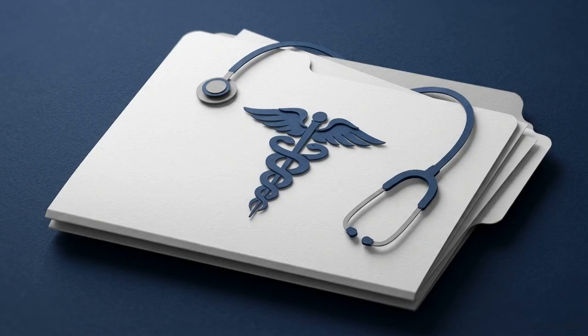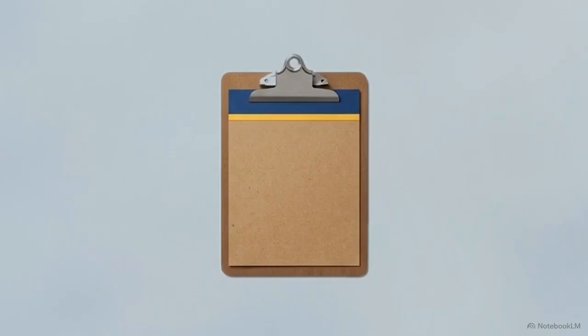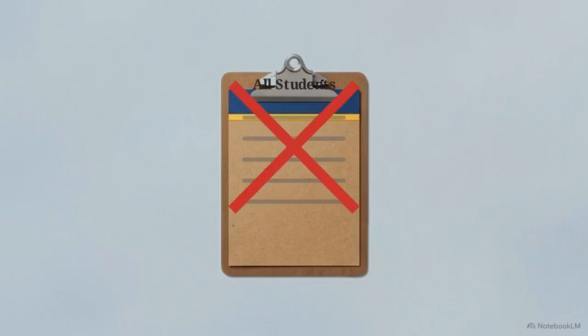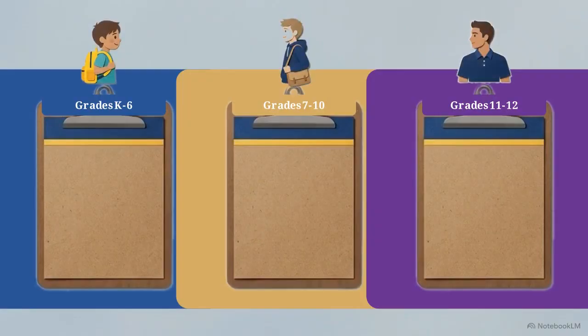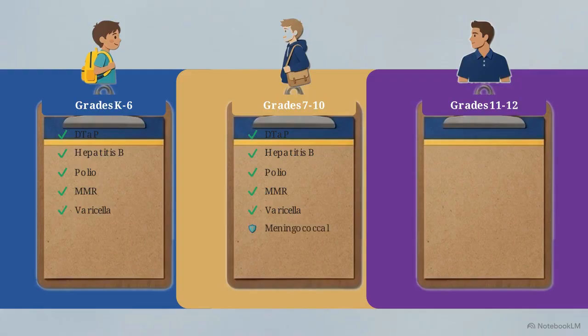Now we move to the most highly scrutinized part of your enrollment packet, North Dakota's immunization compliance rules. The state does not use a single list for every student. Instead, required vaccines are categorized into specific grade bands that you need to audit carefully. For grades K through 6, the base requirements are DTaP, hepatitis B, polio, MMR, and varicella.